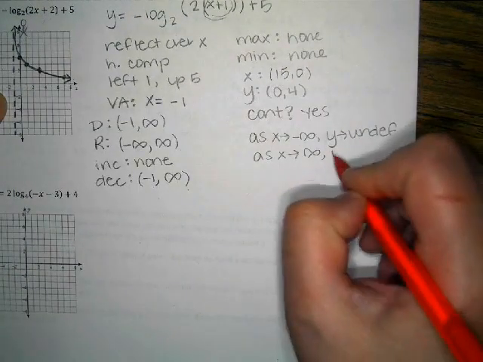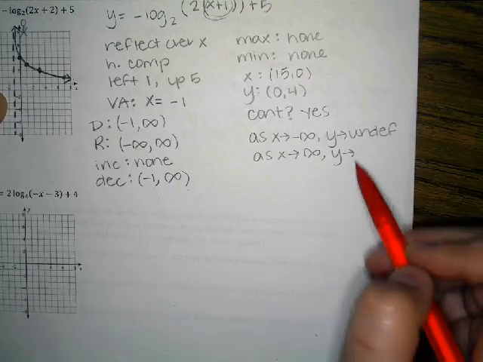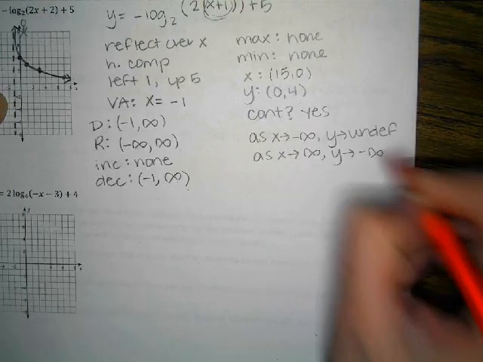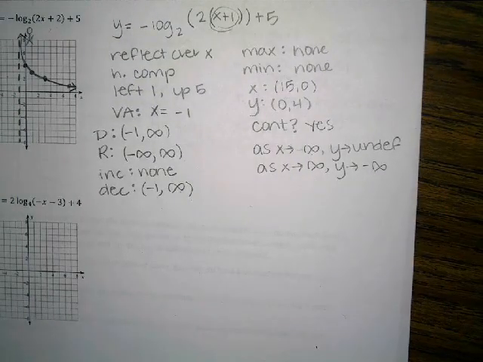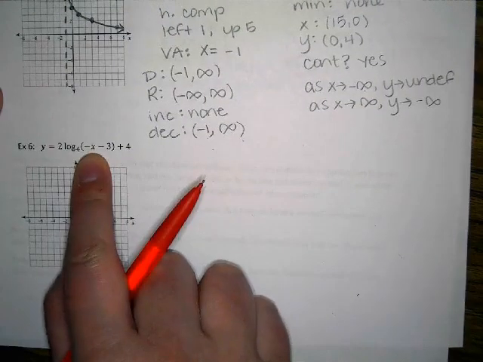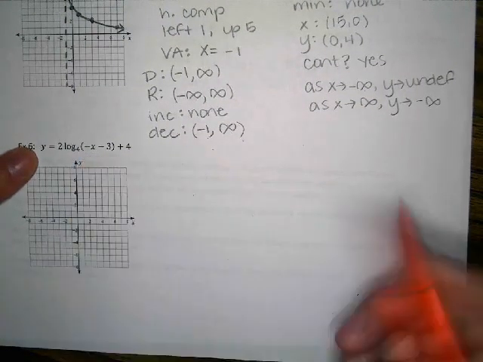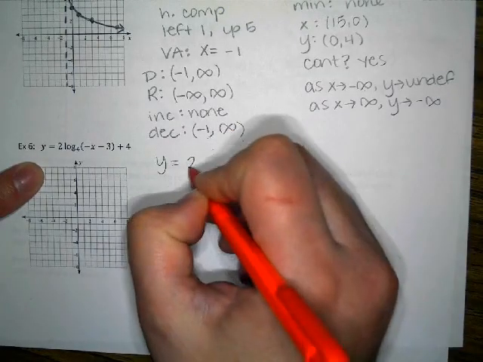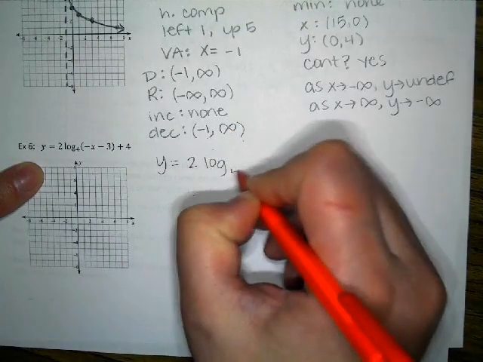Let's look at the next one. So we're going to have to rewrite this because of the inside. What should the inside look like? Okay. So what are the transformations?